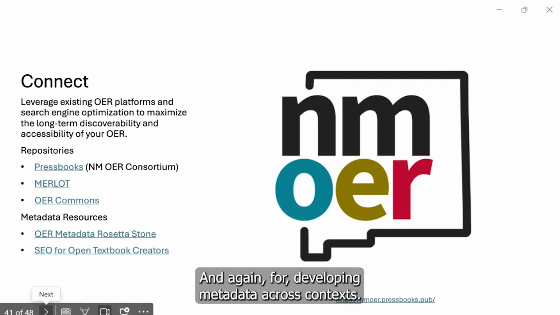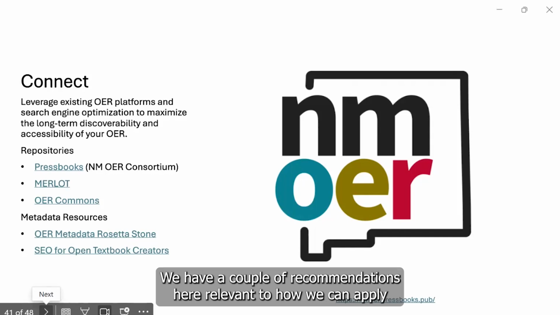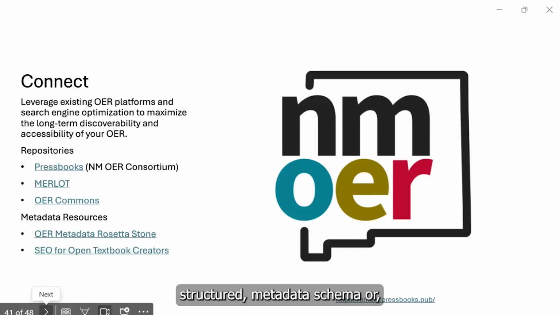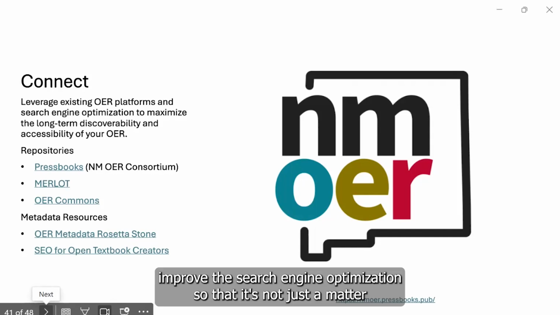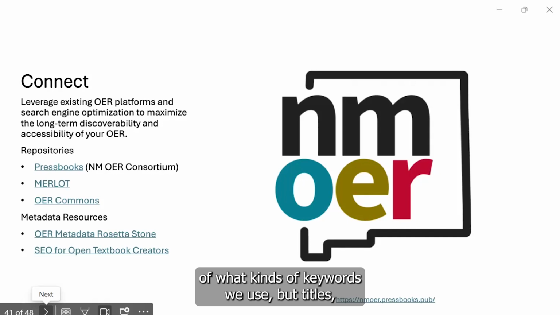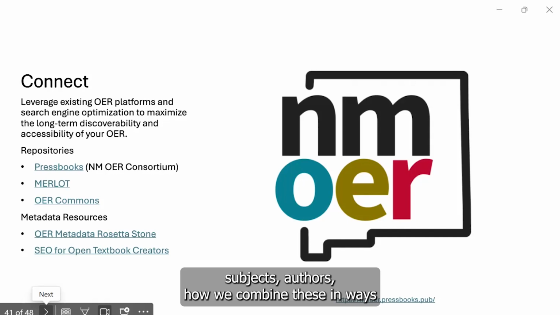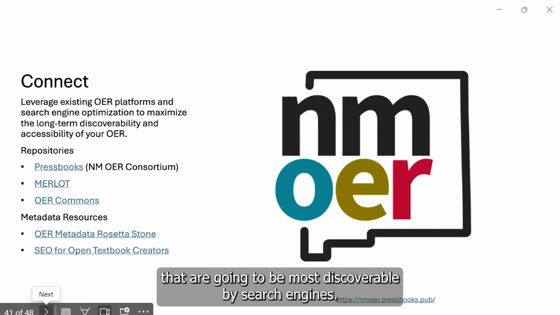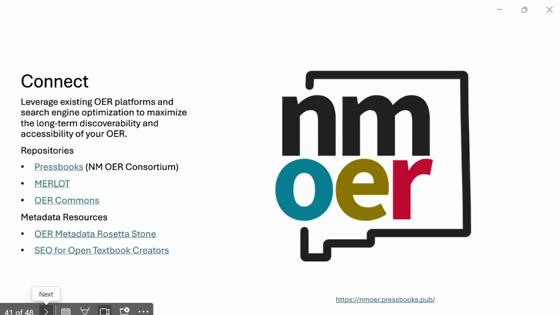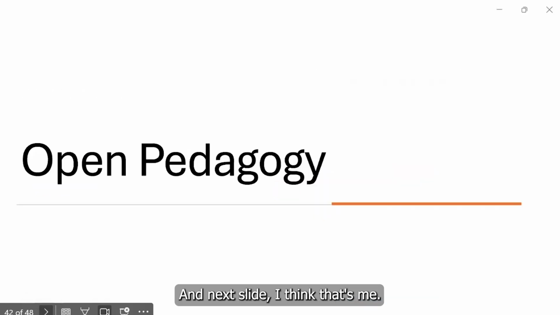And again, for developing metadata across contexts, we have a couple of recommendations here relevant to how we can apply structured metadata schema or improve search engine optimization, so that it's not just a matter of what keywords we use, but titles, subjects, authors, and how we can combine these in ways that are most discoverable by search engines. And next slide, I think that's me.